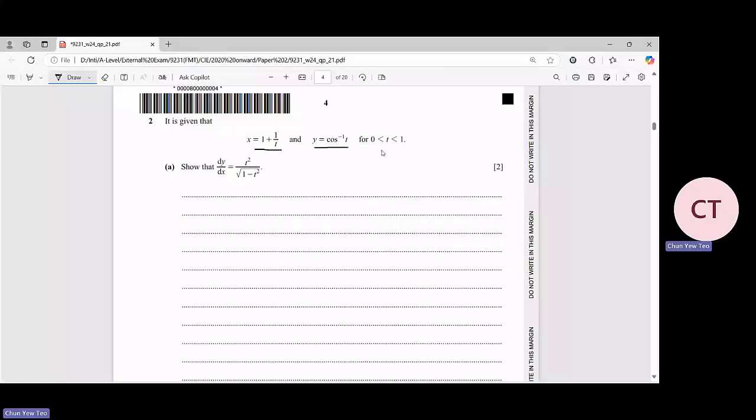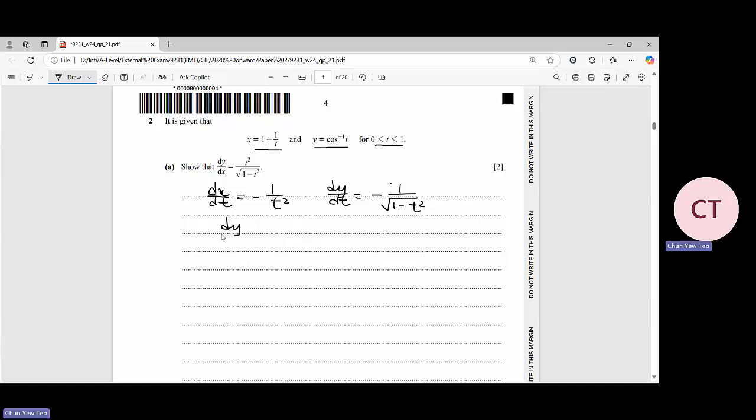And y equal to arc cos of t, where t is between 0 and 1. Show that dy/dx equals t squared over the square root of 1 minus t squared. For this question, it's quite straightforward. We just need to differentiate x with respect to t, then differentiate y with respect to t. We can just apply the formula directly.